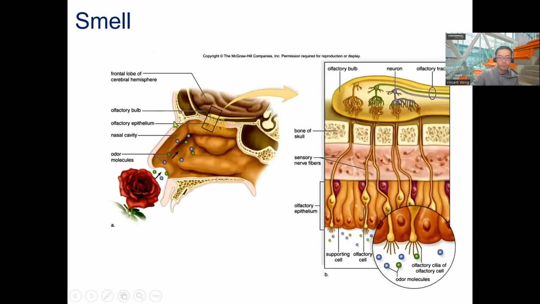So let me give you an example. Here we have 3 types of receptors. We will use color to represent them so that it's easier for us to visualize. Let's say there is one that detects green odor molecules, one that detects blue, and one that detects yellow. A combination of green and blue, your temporal lobe will register as, oh, the smell of rose.